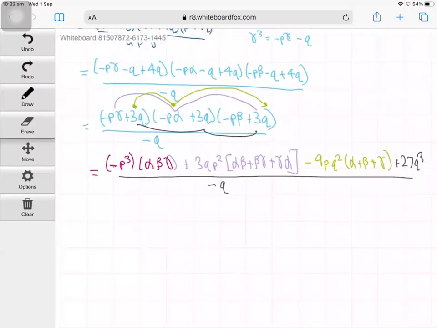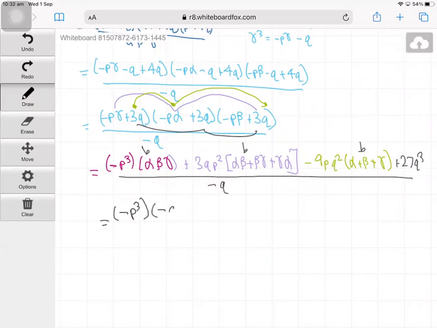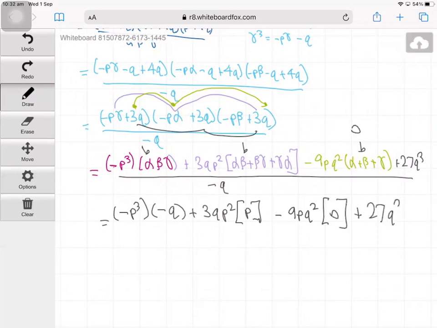Since we have all the expressions for these terms, we can just substitute them in. We have minus p cubed, and alpha beta gamma is minus q. And 3qp squared times alpha beta plus beta gamma plus gamma alpha, which is p. And minus 9pq squared times alpha plus beta plus gamma, so this thing was equal to 0, and plus 27q cubed, divided by negative q.